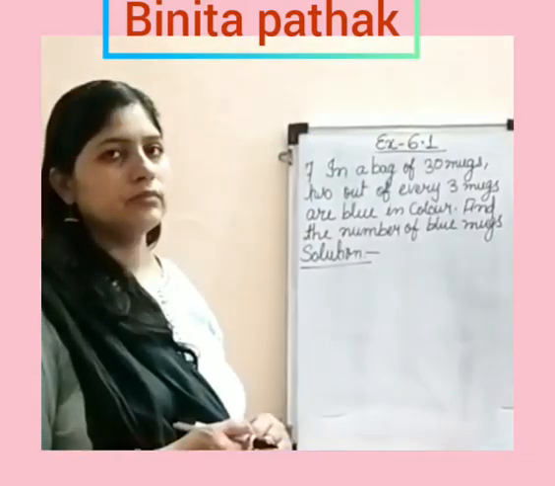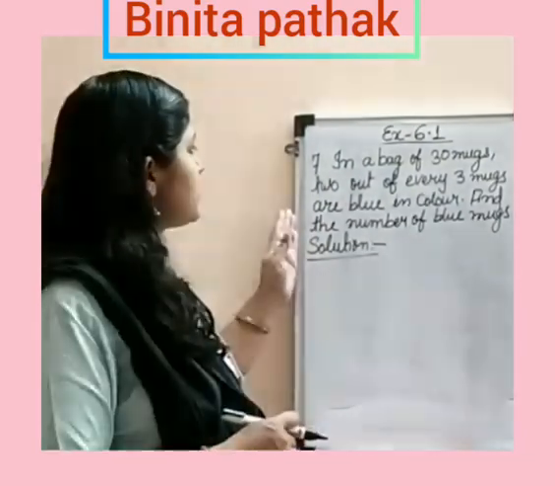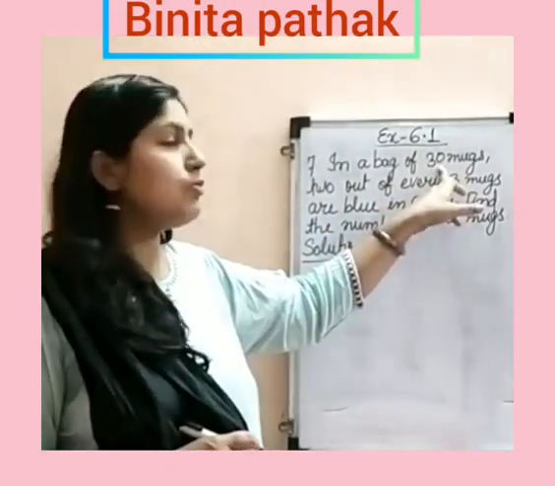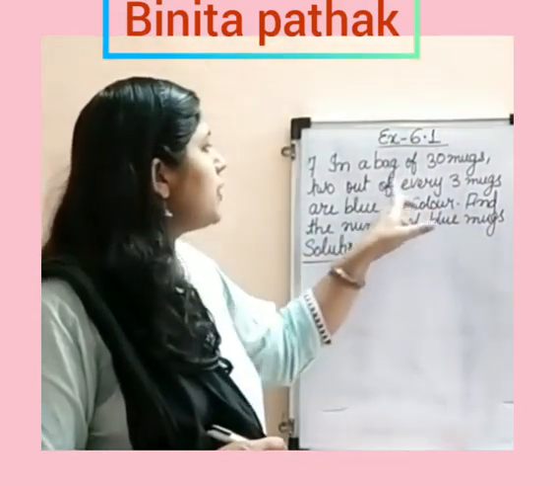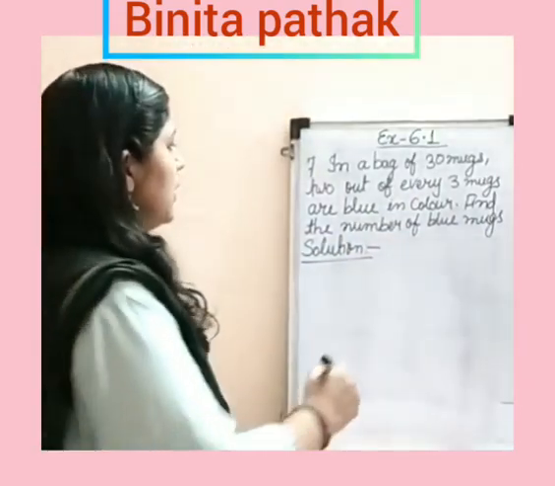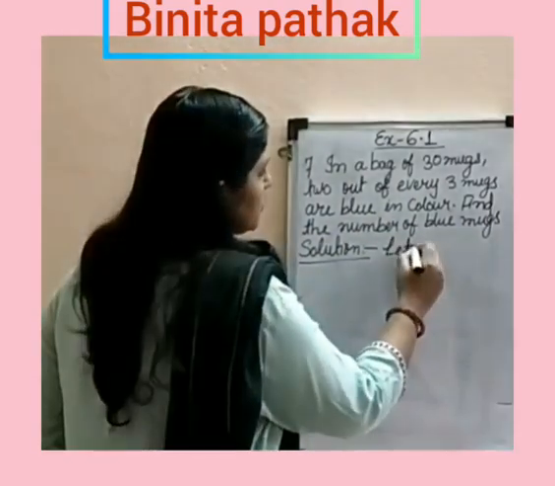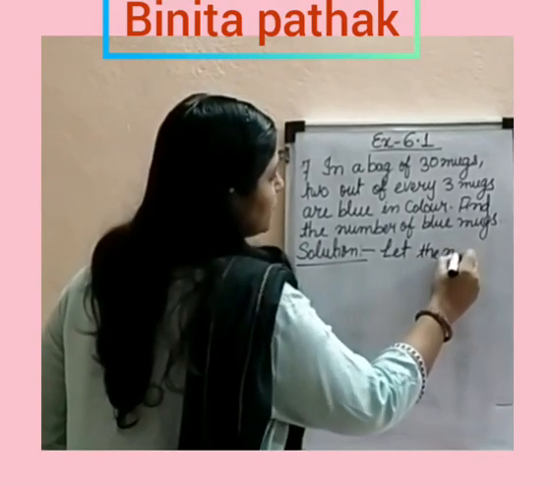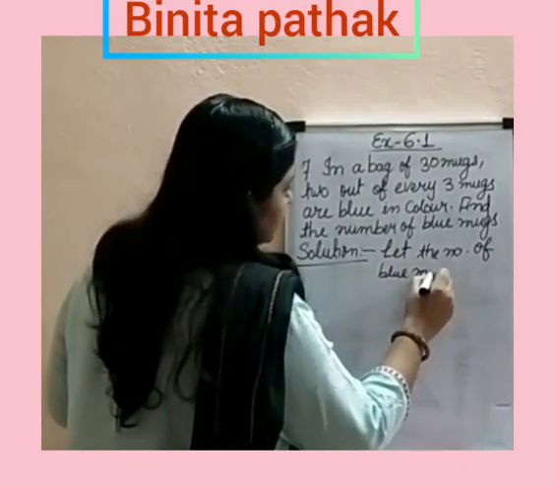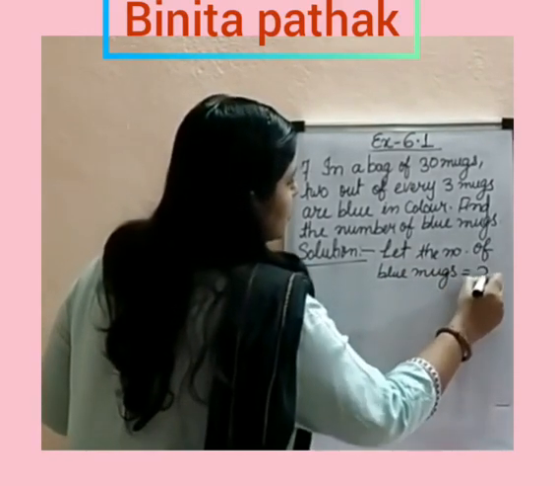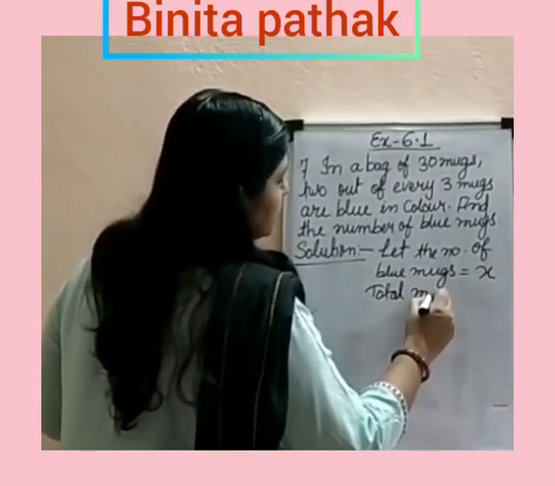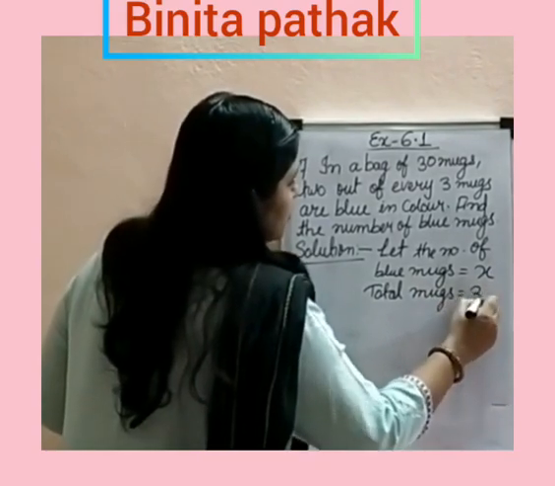Let's do our word problems. Here the word problem 7th. In a bag of 30 mugs, it means the total number of mugs equals 30. 2 out of every 3 mugs are blue in color. Find the number of blue mugs. Let the number of blue mugs equals x and total mugs equals 30.